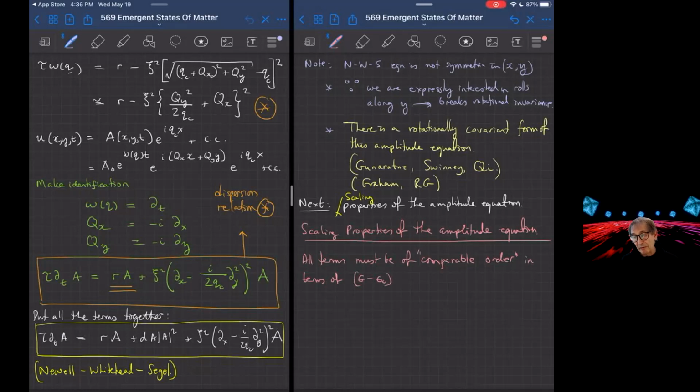So just like what we were trying to do in superconductors and superfluids and so on, we're looking in the vicinity of the critical point. So let's have a look at the balance between these different terms. What we're doing now is what in asymptotics would be called a dominant balance type of argument.